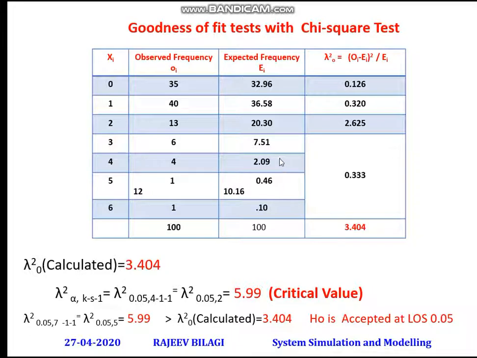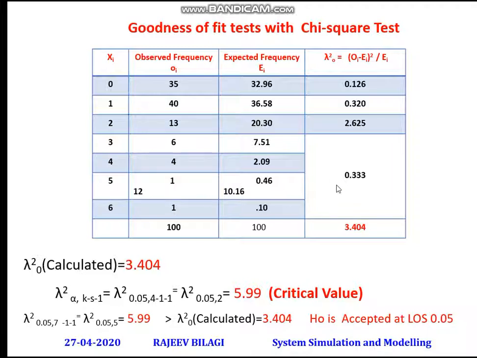So hence I will take this value, that is 7.1, 2.09, 0.46, 0.10, that I will add. Adding all this, you are going to get 10.16. Now the corresponding observed values, 6 plus 4 plus 1 plus 1, that is 12.